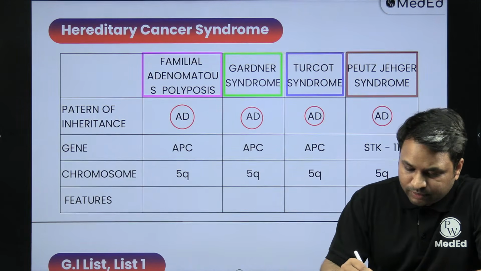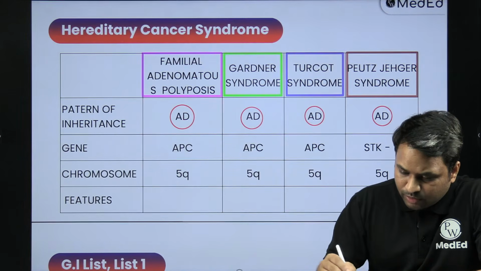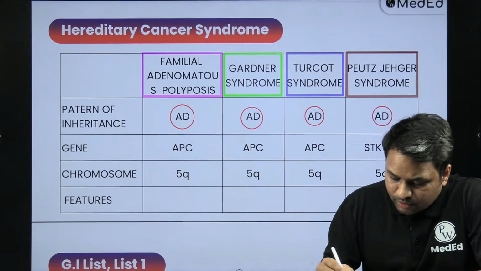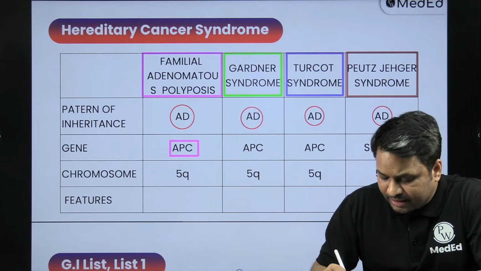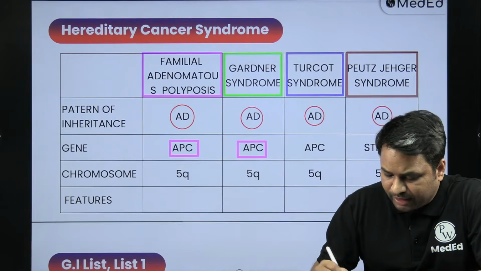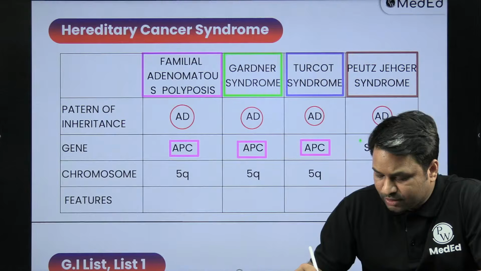Now, the first three are basically FAP spectrum diseases only. So hence you will notice that all of them will have an APC gene mutation. So familial FAP is APC, Gardner is also APC, Turcot is also APC gene mutation. Peutz-Jeghers syndrome is going to be STK11 gene mutation.